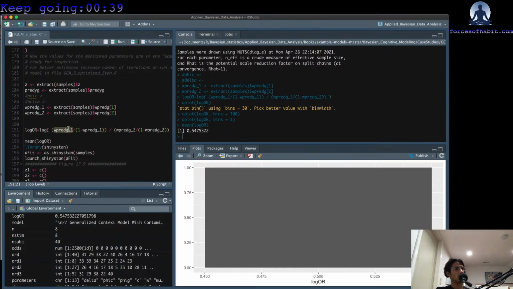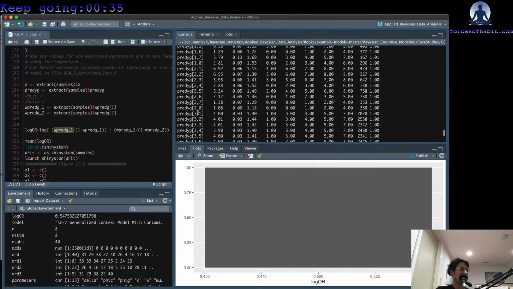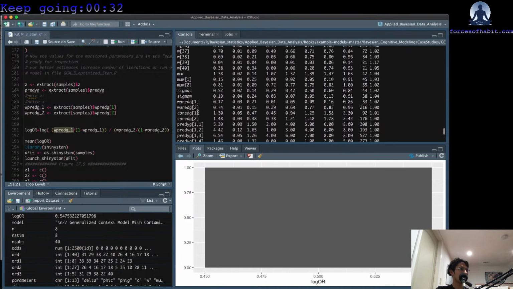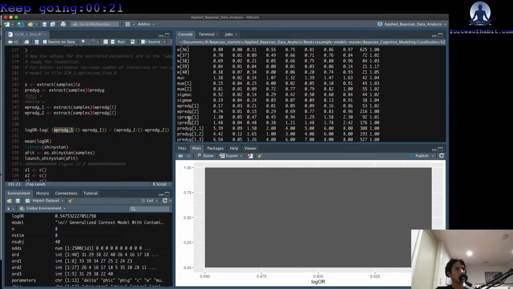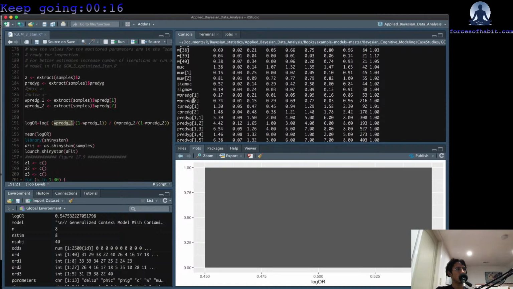I took the probability weighting, predicted probability weighting for each of the two groups, and tried to create an odds ratio between them. That's not it.